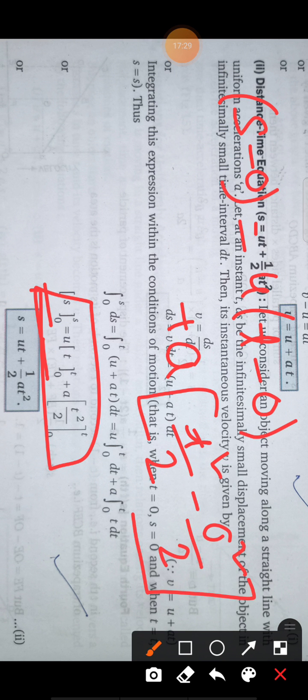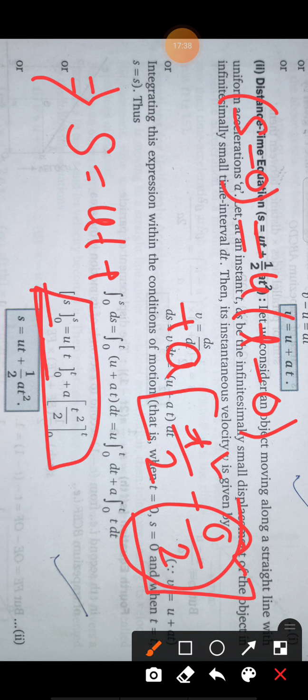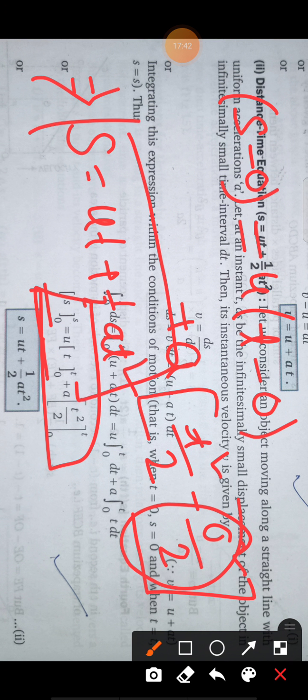Correct? Now s minus 0 is s, so s equals ut plus at square by 2, since this term is 0, that means half at square. So this is your final equation. We have derived the second equation also.